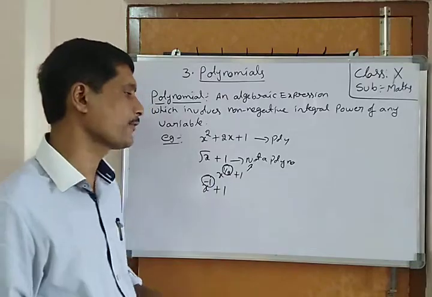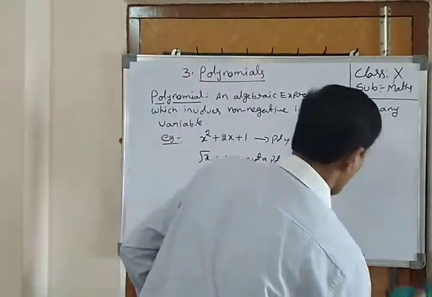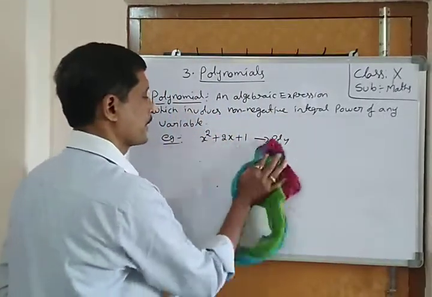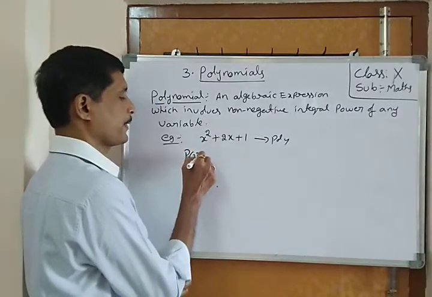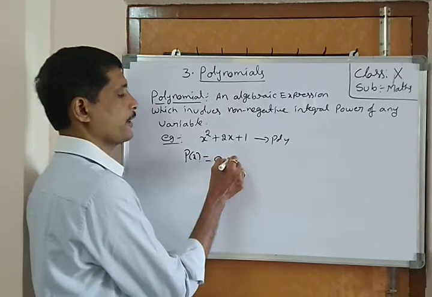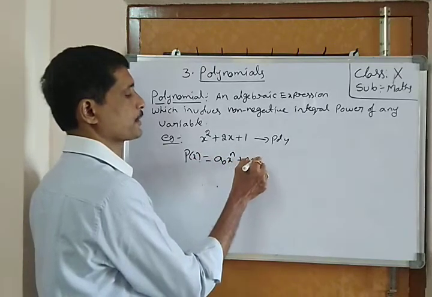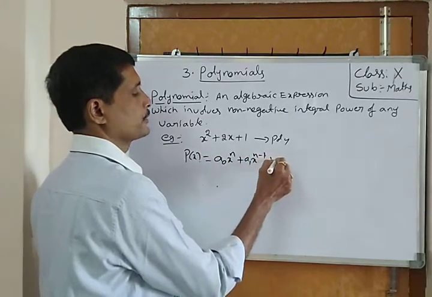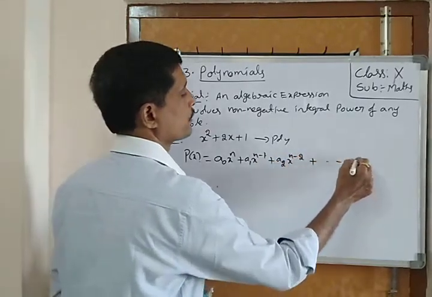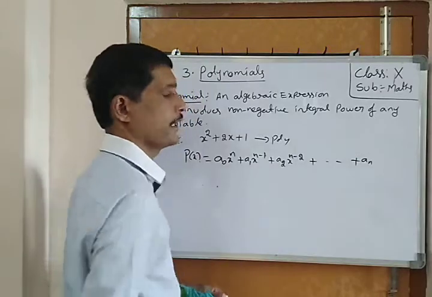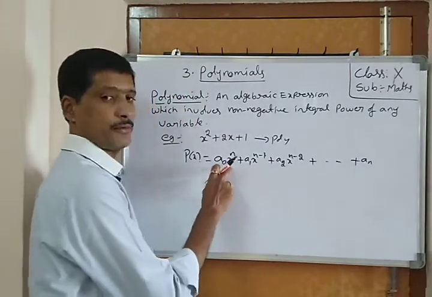Okay, next, the general form of the polynomial. The general form is p of x, or whatever name. It is a naught x power n plus a1 x power n minus 1 plus a2 x power n minus 2, and so on, up to an. This is a polynomial in the variable x.